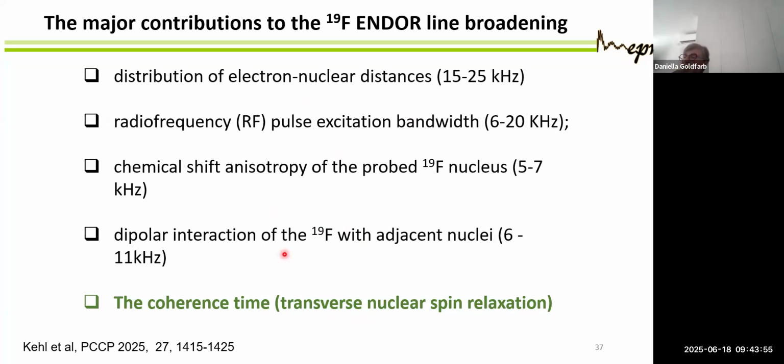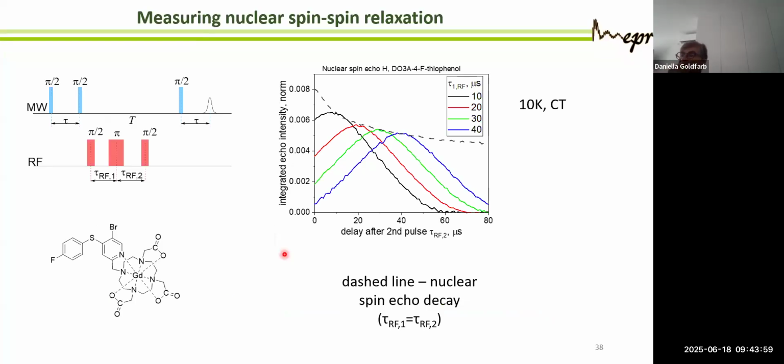So we decided that we have to measure this in gadolinium, and this measurement was introduced by Peter Hofer and Mehring a long time ago. It's called time domain ENDOR, and these are difficult experiments, so it's not applied very often, but Alexei is really an incredible experimentalist, and he got it running very nicely.